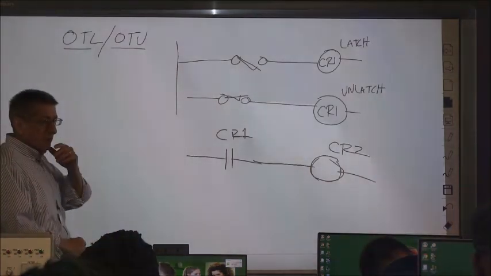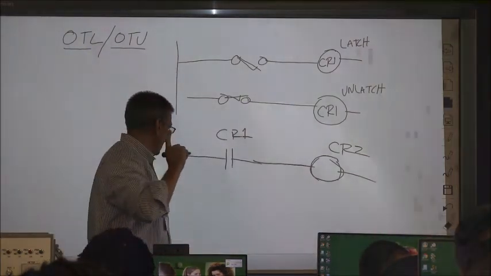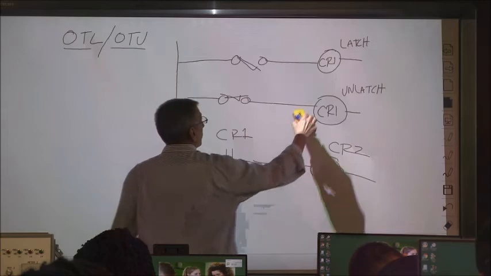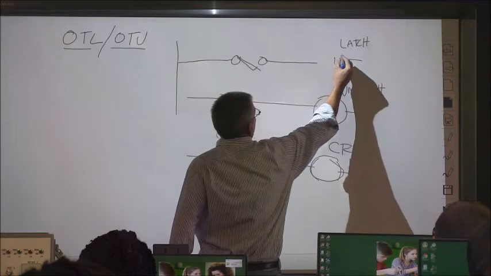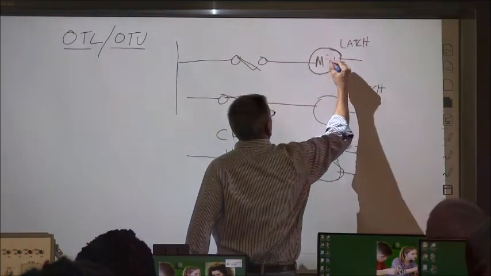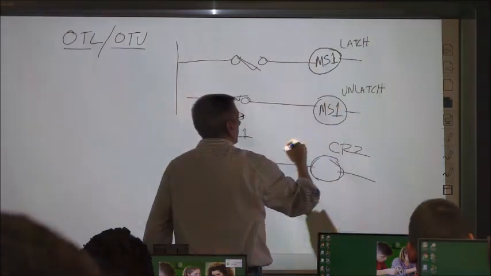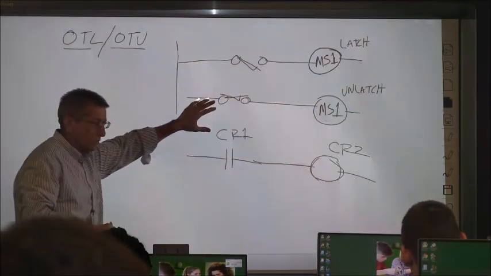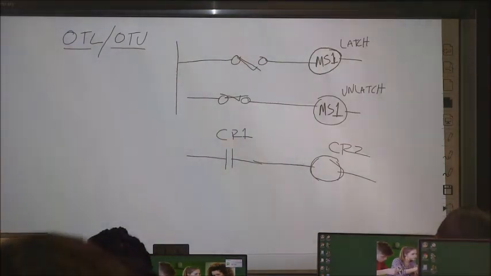Here's where the instructions come in. Something I want you to think about: MS1. Motor starters don't have two coils in them, but just for demonstration purposes, we have a latching and unlatching motor starter.